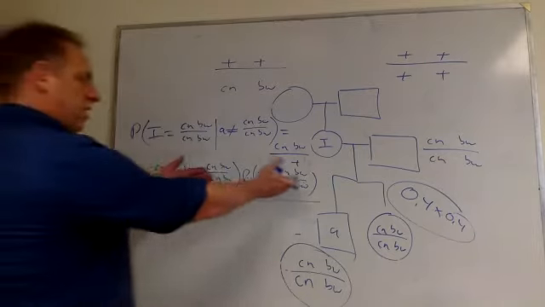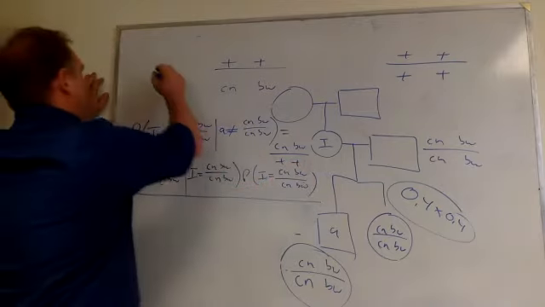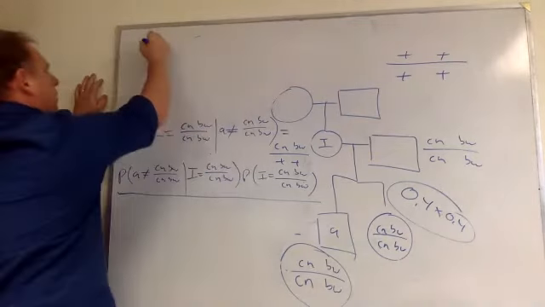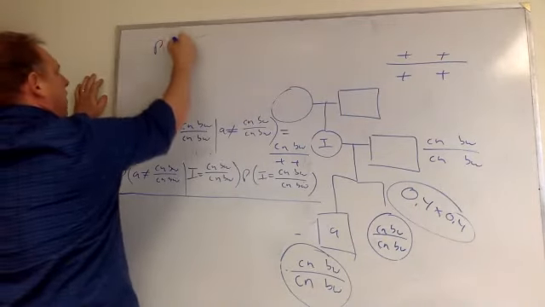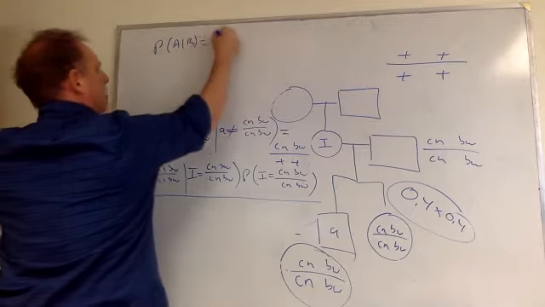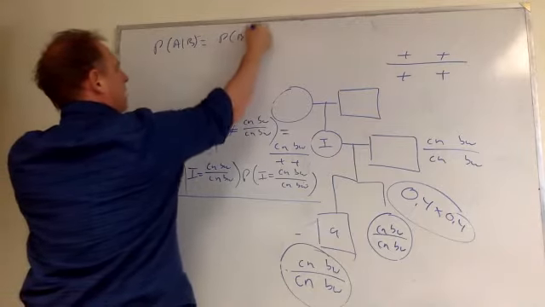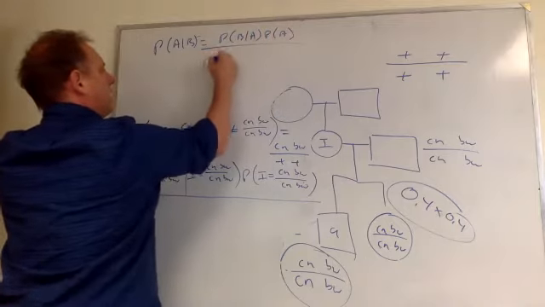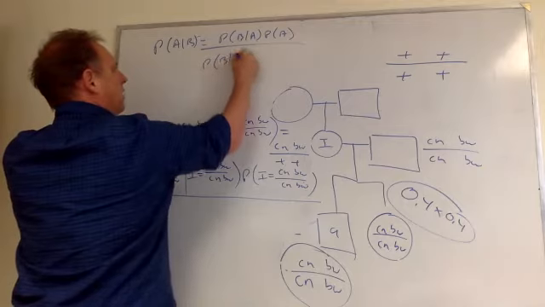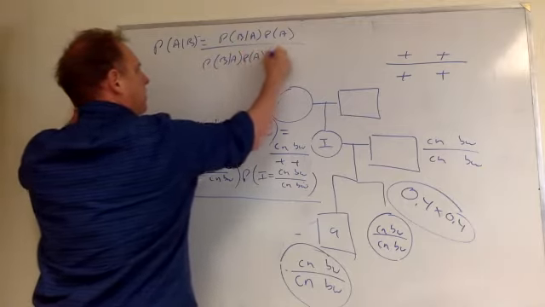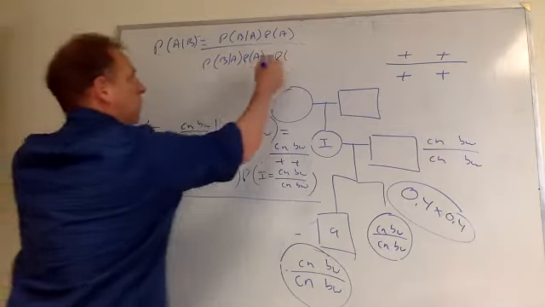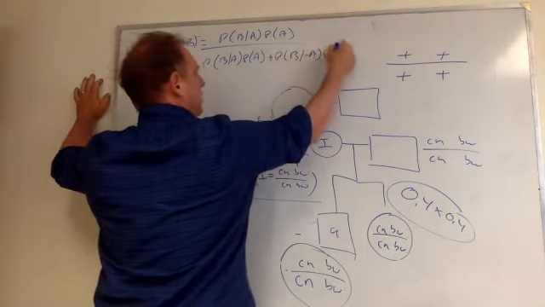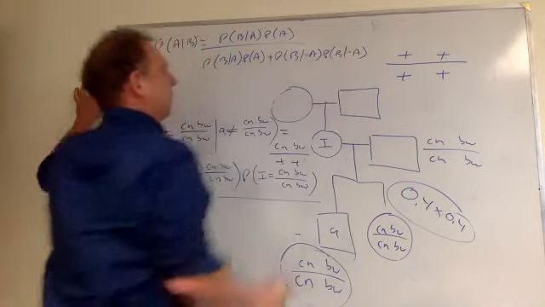Okay, so then this is just going to be this repeated, right? I'll just remind you how we frame Bayes' rule. The probability of A given B is equal to the probability of B given A times the probability of A, all over the probability of B given A times the probability of A, plus, when there's two outcomes, the probability of B given not A times the probability of not A. So we're going to think about it in that framework.